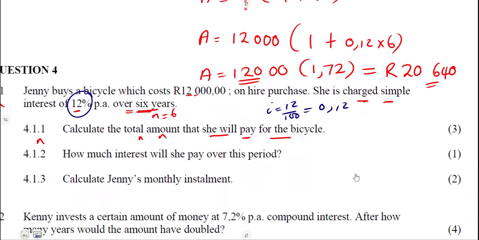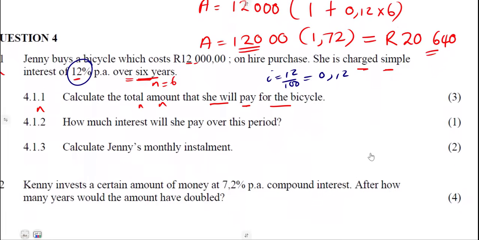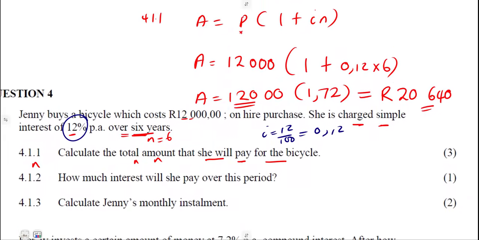All right, how much interest will she pay over this period? So the interest now, remember, she was supposed to pay 12,000. Now she's paying 20,640. So the interest is that increase that is supposed to be paid at the end of the day. They are not talking about the interest rate, but the amount added to what she's supposed to pay.